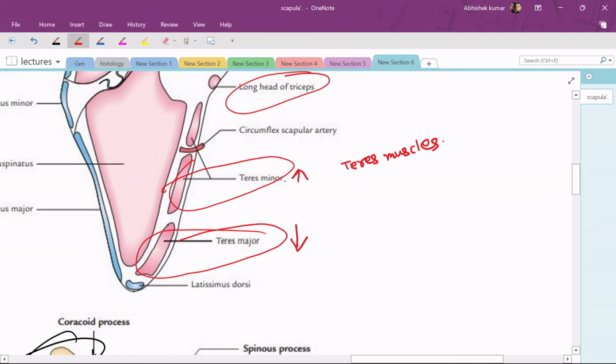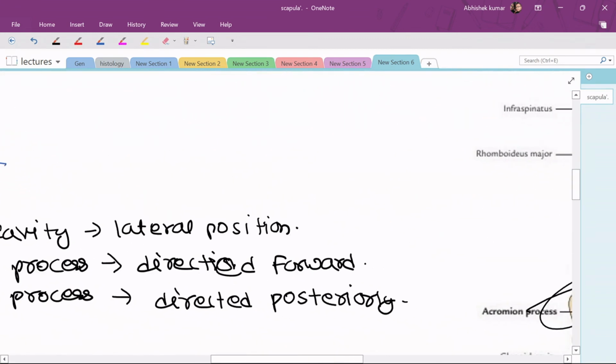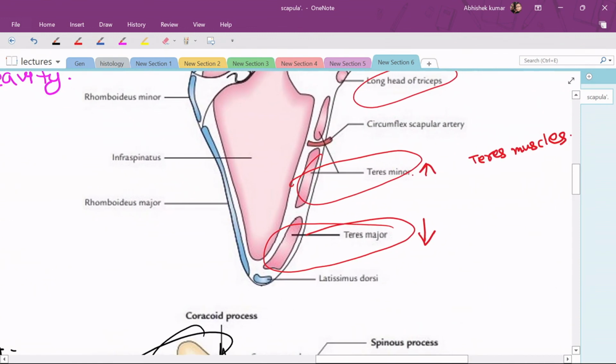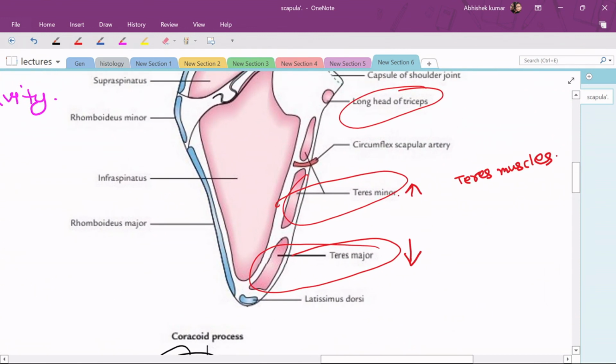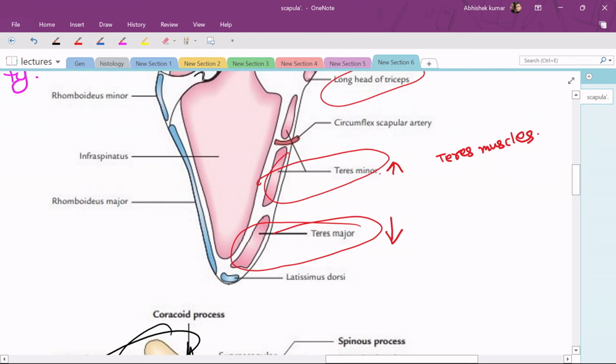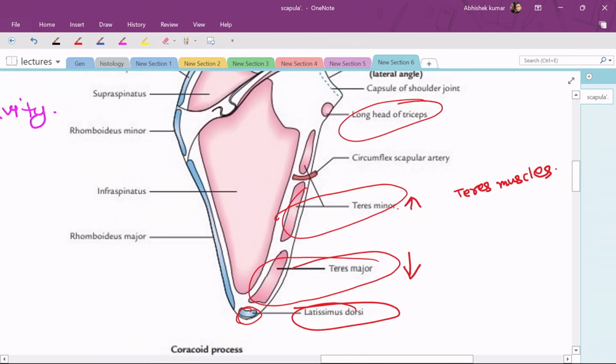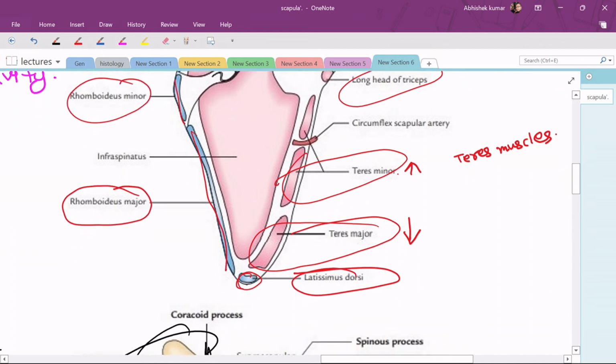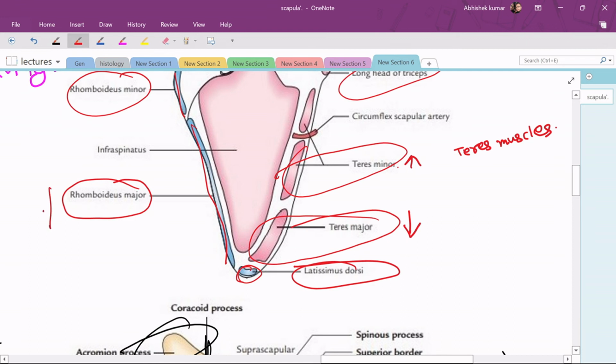But on the other side, the latissimus dorsi is on the inferior angle. The rhomboid major attaches to this, and the rhomboid minor is attached to this. So here also the major is attaching to the lower part and the minor to the upper part.